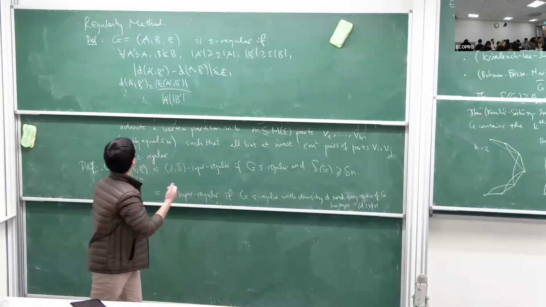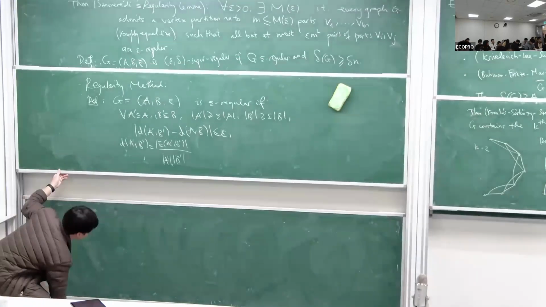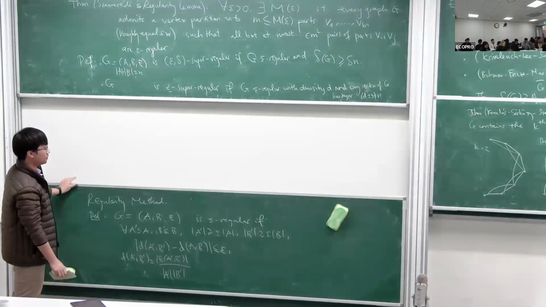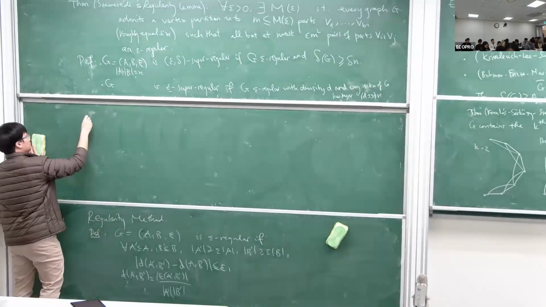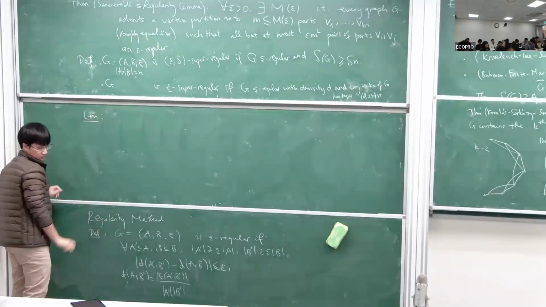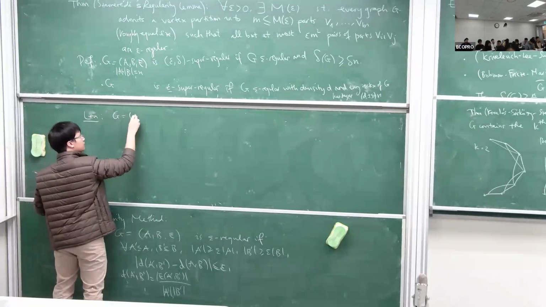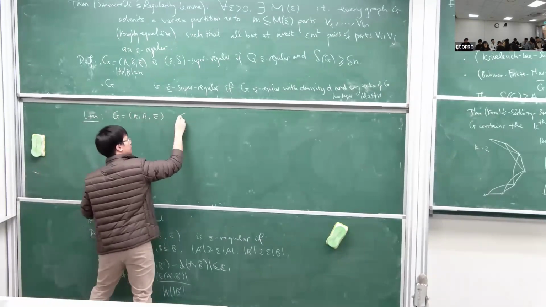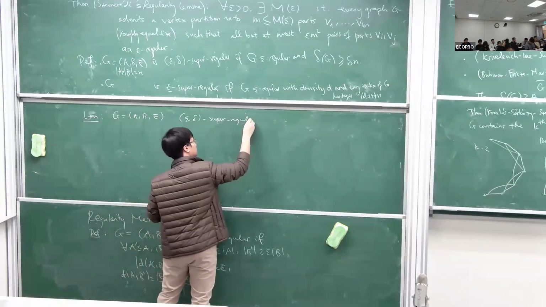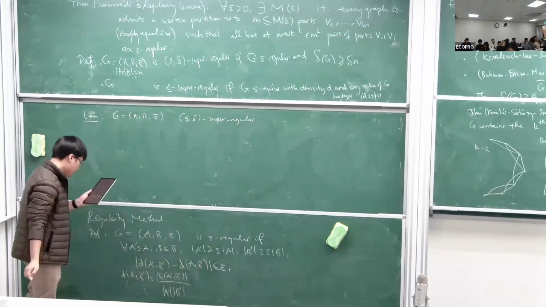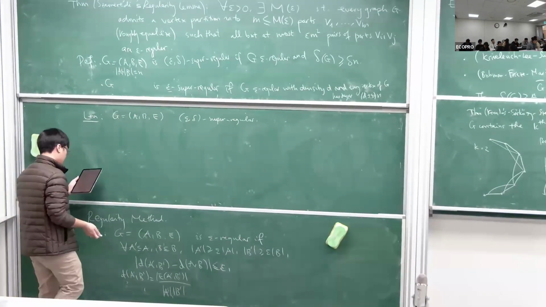Lemma. If we are given a bipartite graph G which is epsilon-delta superregular, then we can actually replace G by a spanning subgraph with the following nice property.